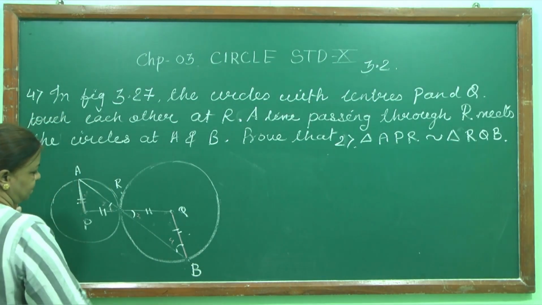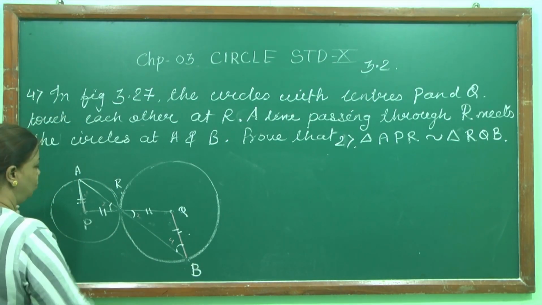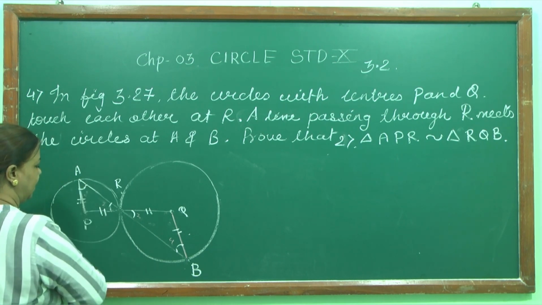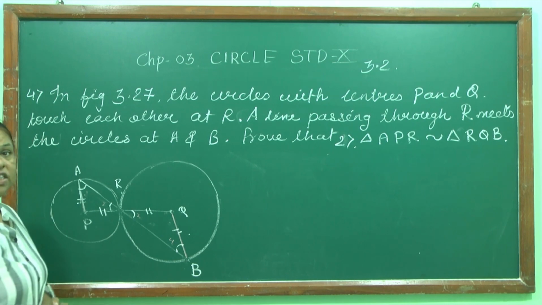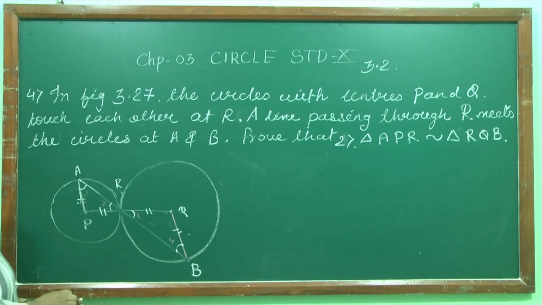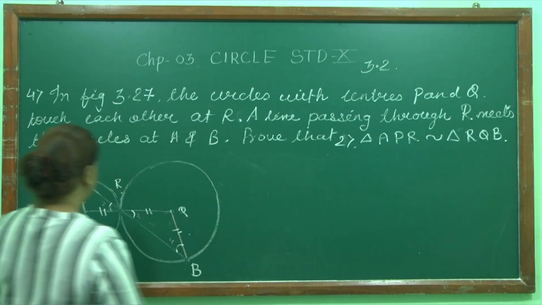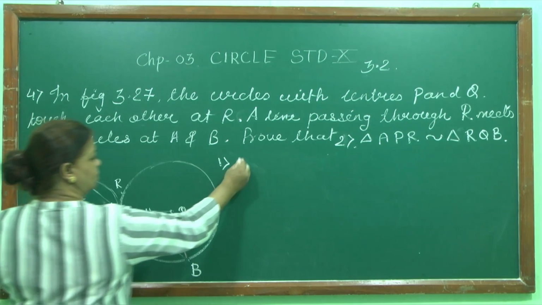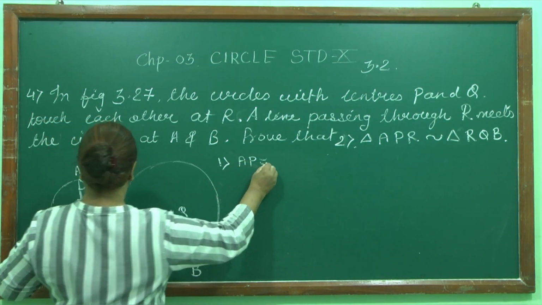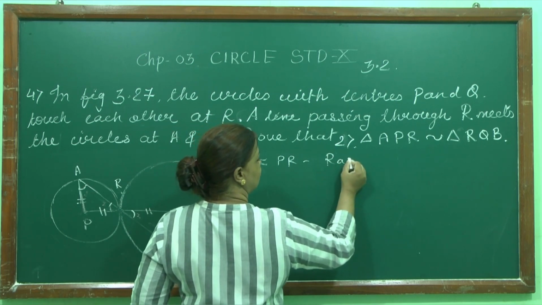See children, in these two triangles we have already proved that all these four angles are equal to one another. Again, if this sum is there, we shall start. The first point, AP is equal to PR, radii of same circle.